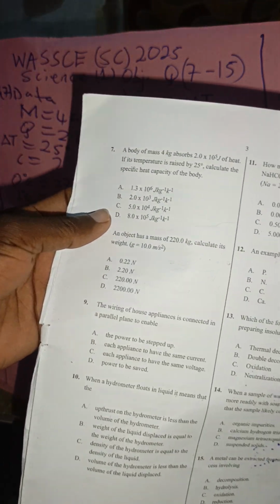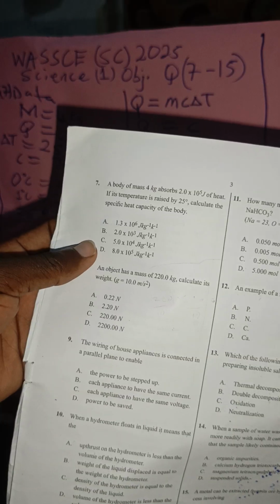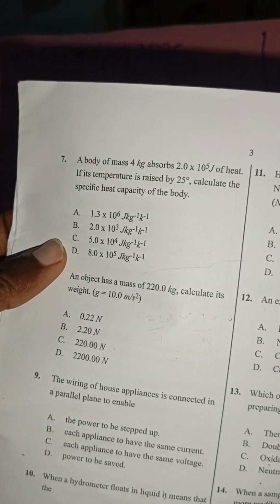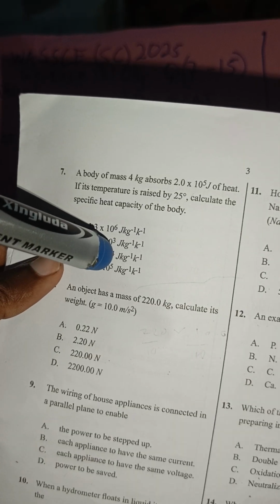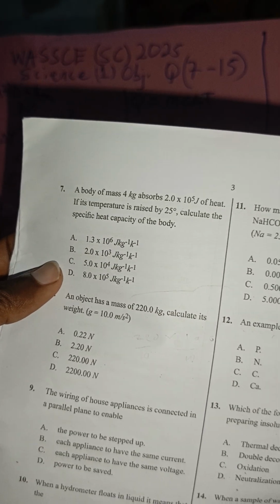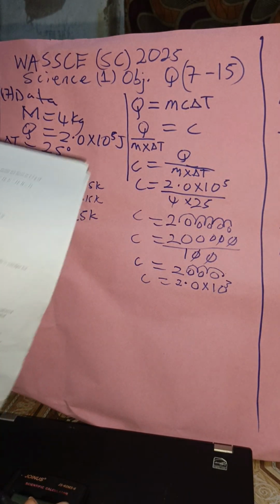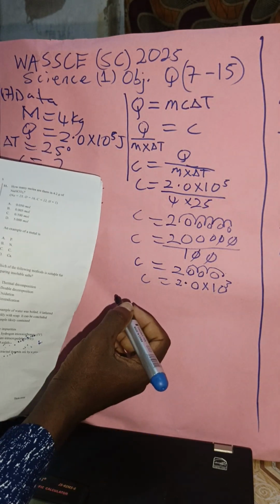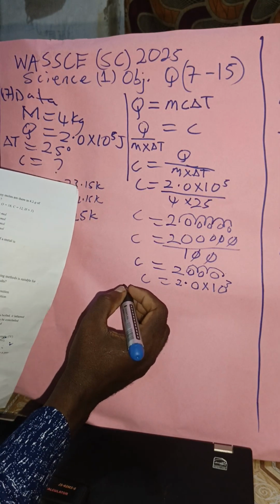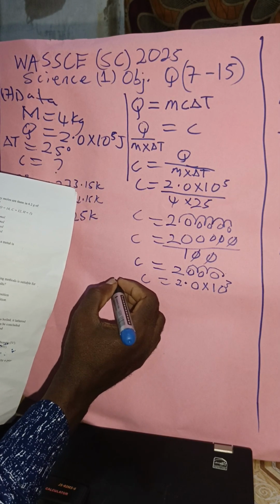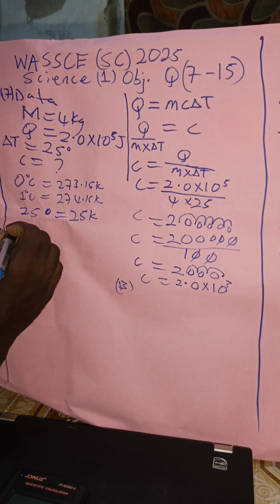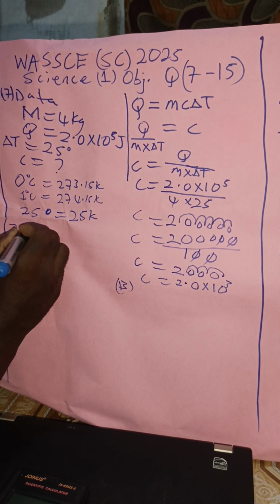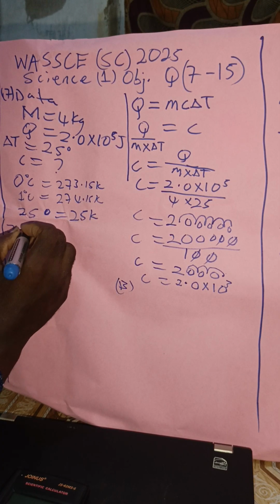So the correct option for question 7, as we have seen, is option B, 2.0 times 10 to the power of 3 joule per kilogram per Kelvin. B is the correct option. So 7 is B.